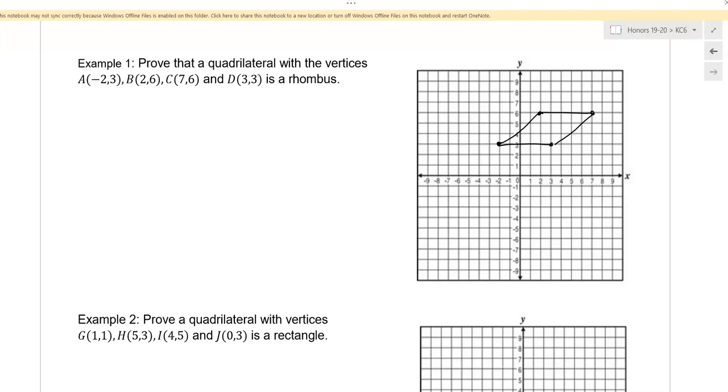Beautiful. Okay, so the first thing, if you remember our definition, the definition of a rhombus is that it's a parallelogram that then has more properties.